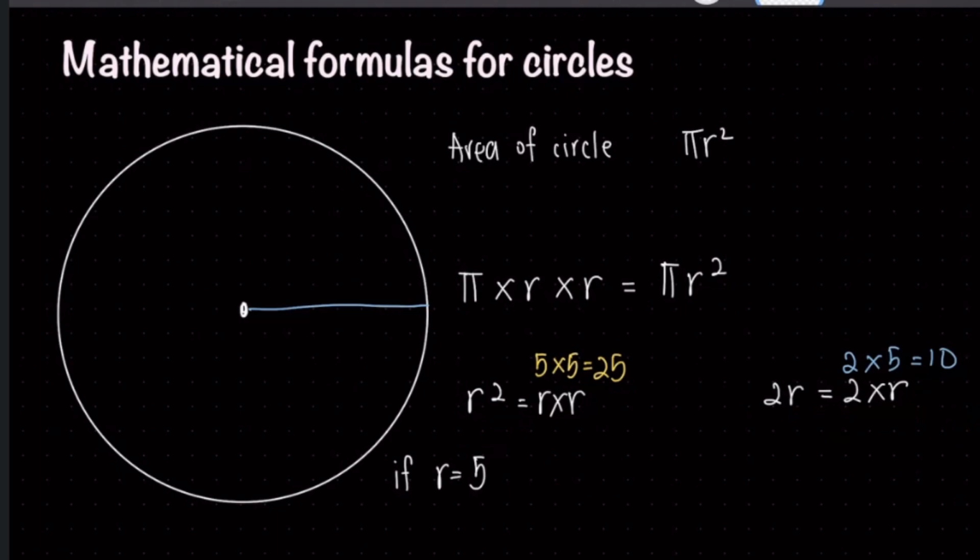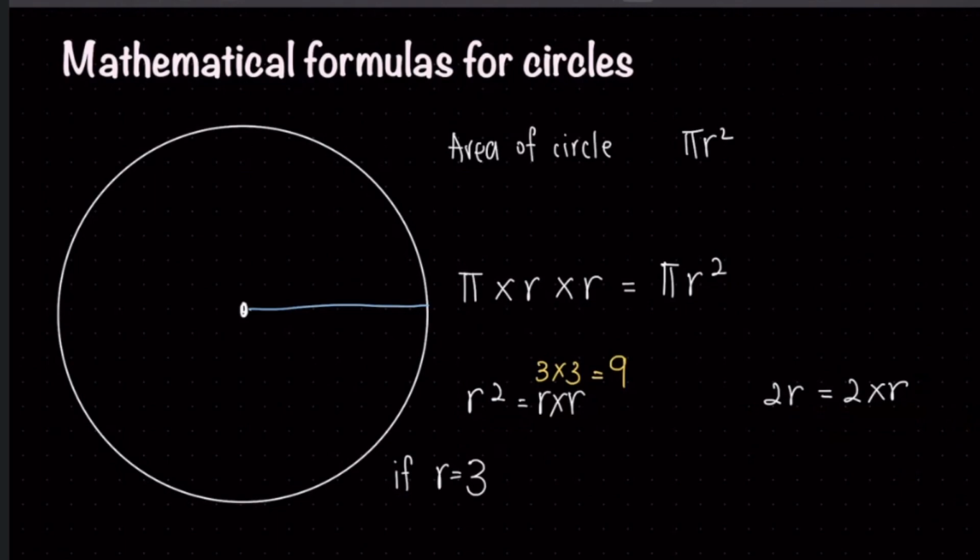So let's change the number. Let's say if r is 10, random number 10, or let's say 3. All right, 3. So here we have 3 times 3, 9. And 9 is a square number.